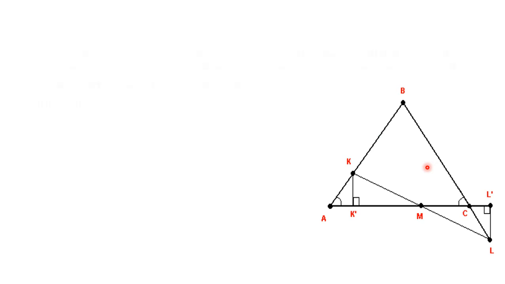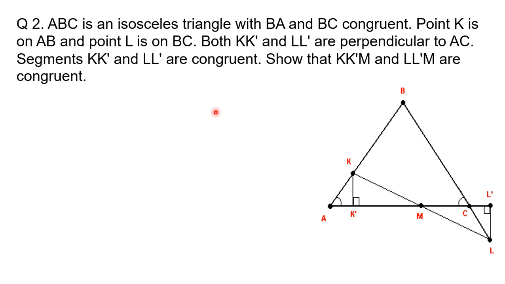Now let's come to the next question. Number 2, ABC is an isosceles triangle with BA and BC congruent. Point K is on AB, L is on BC. Both KK' and LL' are perpendicular to the side AC. Segments KK' and LL' are congruent. Show that K'M and L'M are congruent.